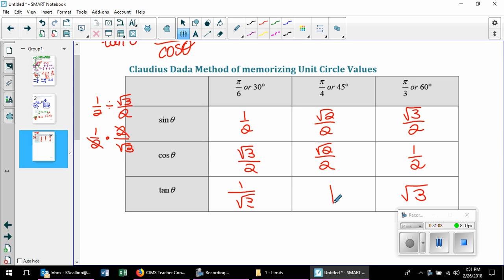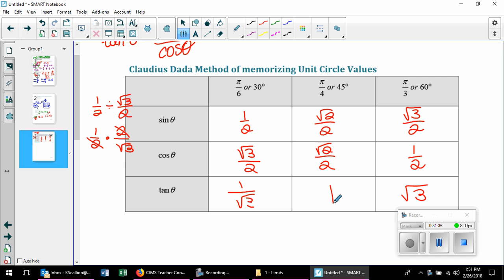3, 2, 1. So if you can remember sine goes 1, 2, 3, and cosine goes 3, 2, 1, and these go in order. 1 over root 3 is the smallest decimal, 1 is the next biggest number, and root 3 is greater than 1. They go in magnitude order.